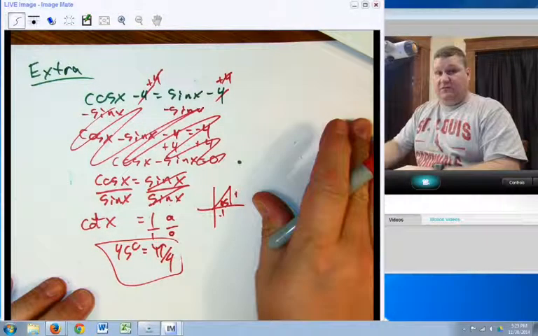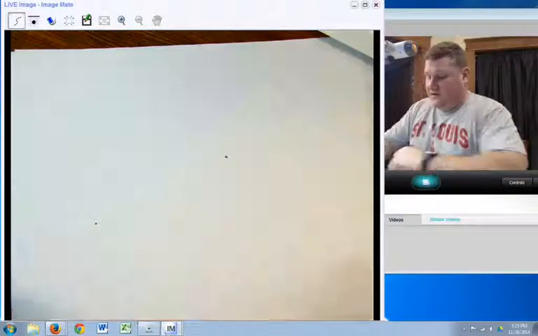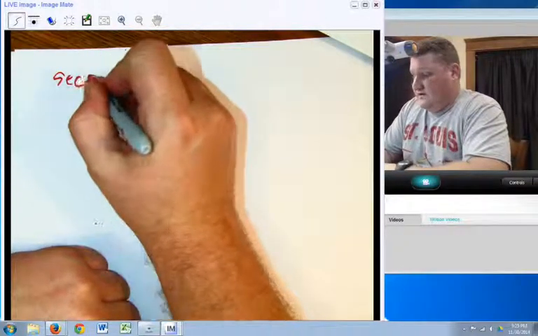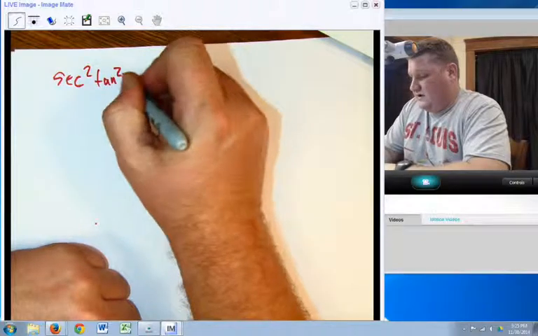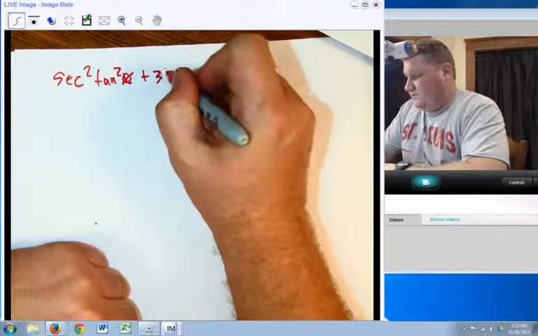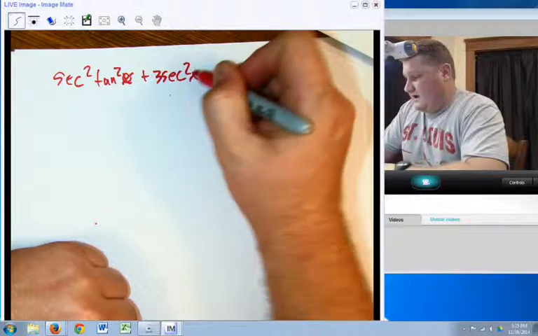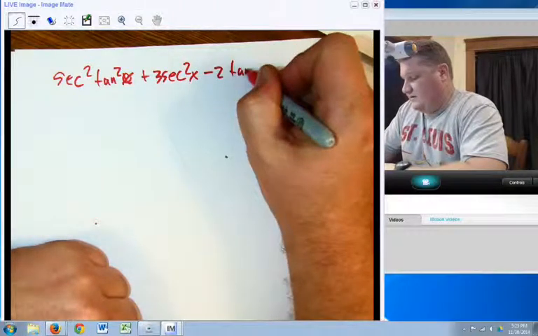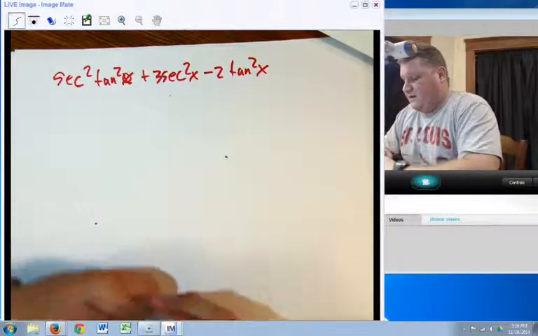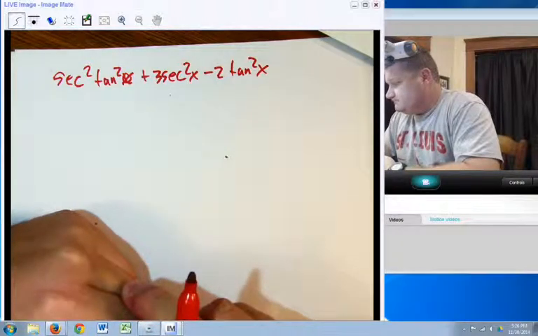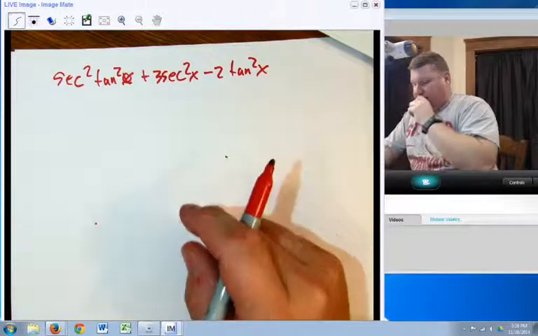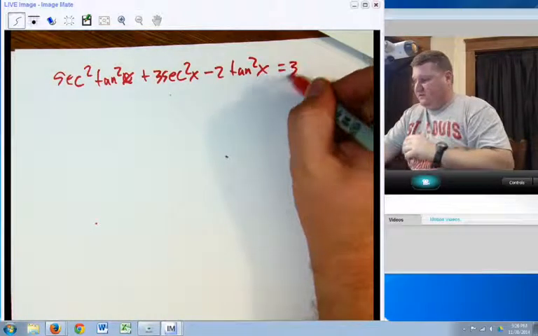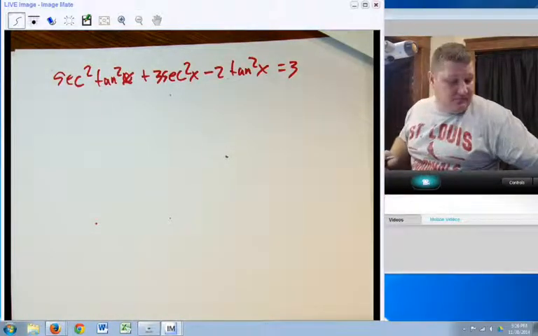Okay, let's do another one. Let's take a look at secant squared x tan squared x plus 3 secant squared x minus 2 tan squared x equals 3.